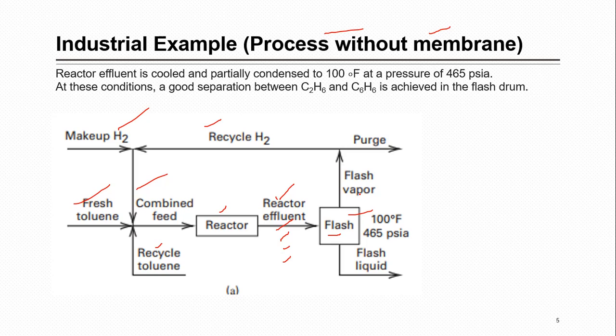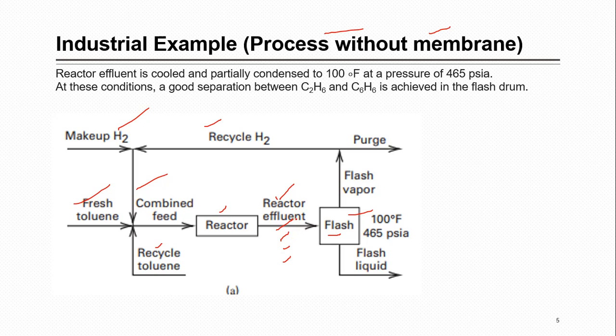If we reduce their temperature, and as well reduce the pressure, the heavier components will be condensed and become liquid. So at this point you can install some cooling unit, like a heat exchanger, which reduces the temperature of this effluent coming from the reactor.